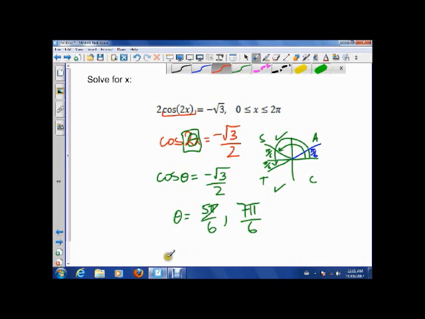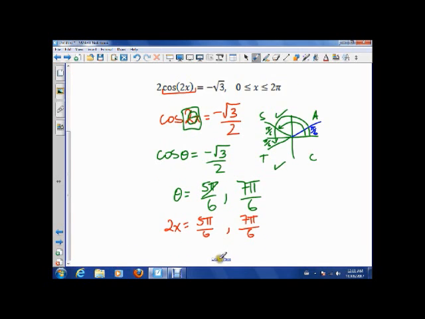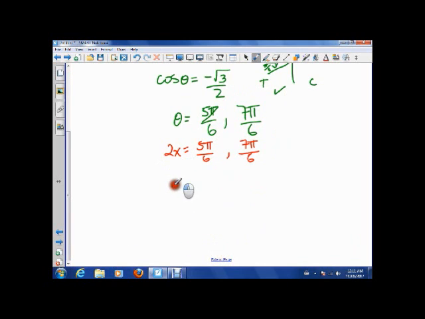Okay, so let's go back to red now, and so we've said that 2x has to be 5 pi by 6 and 7 pi by 6. Okay, so that means that x could be 5 pi by 12 if I divide both sides by 2, and 7 pi by 12. Okay?